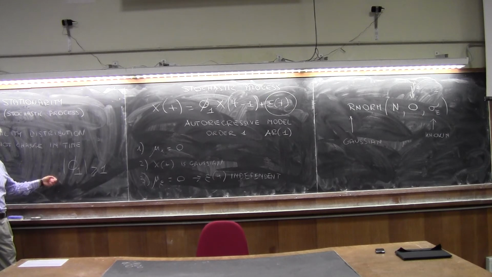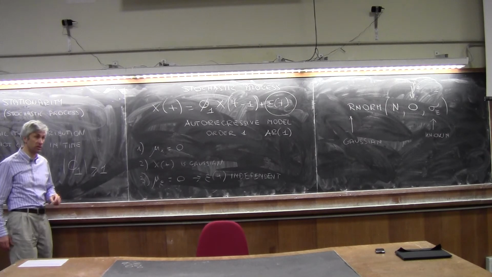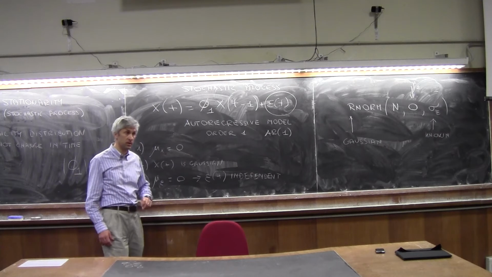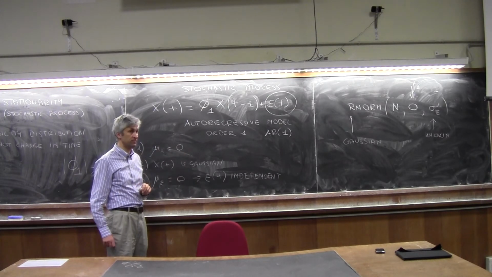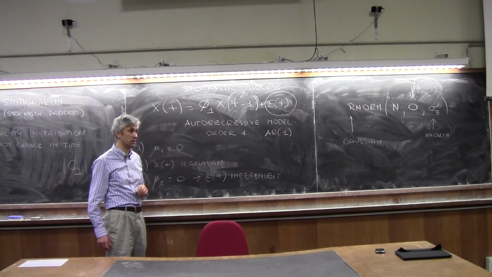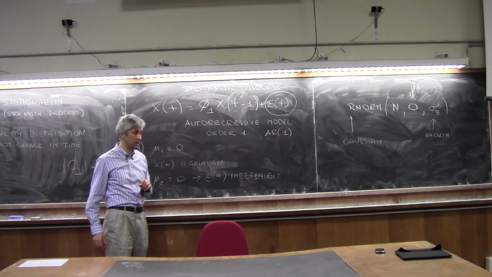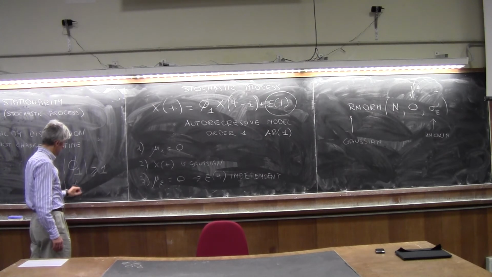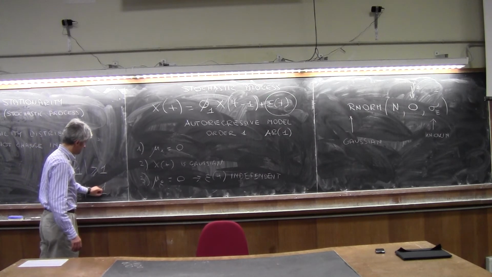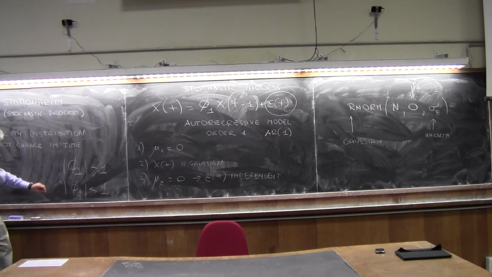What does this mean? This means that the mean value departs from 0. It is no more constant. Instead, if you take phi 1 in absolute value lower than 1, this is stationary.